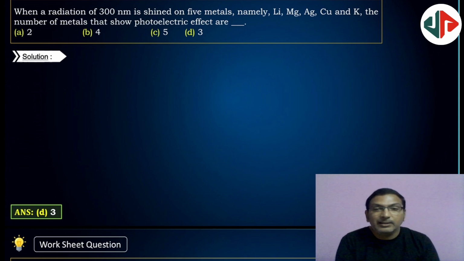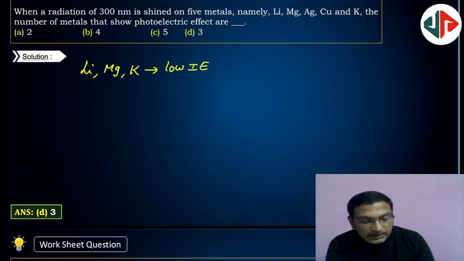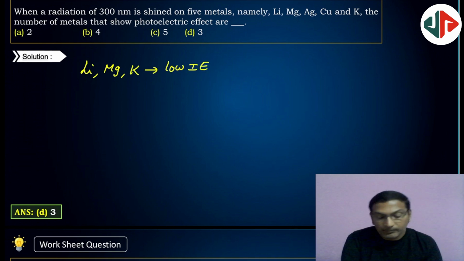The metals which are having low ionization energy values can show photoelectric effect. So here lithium, magnesium and potassium are having low ionization energy values when compared to remaining two elements, that is silver and copper.